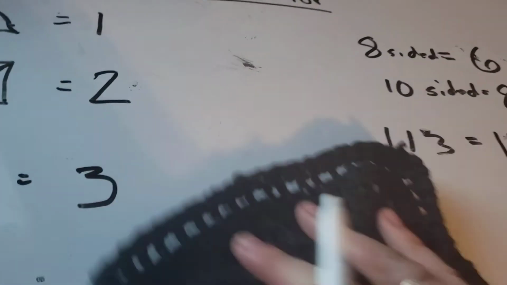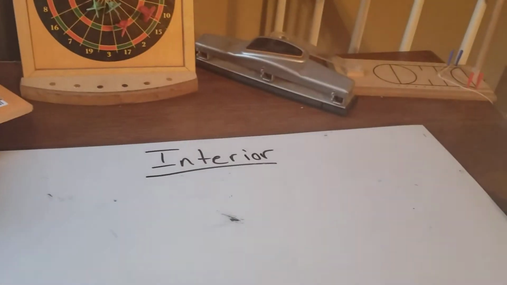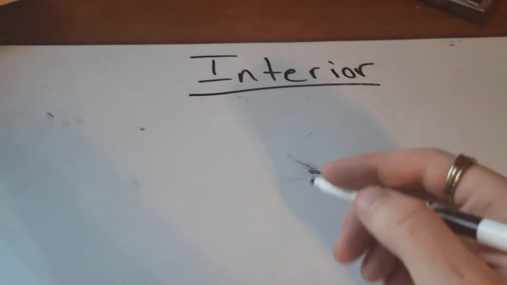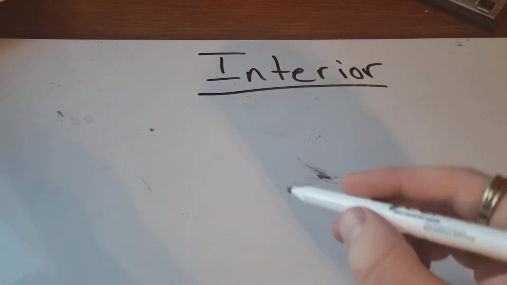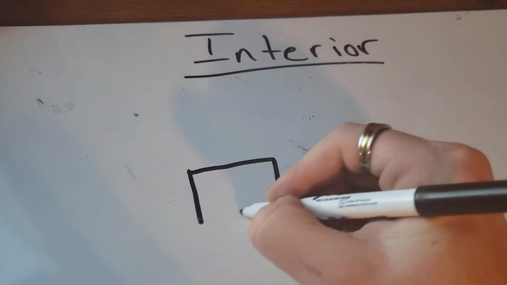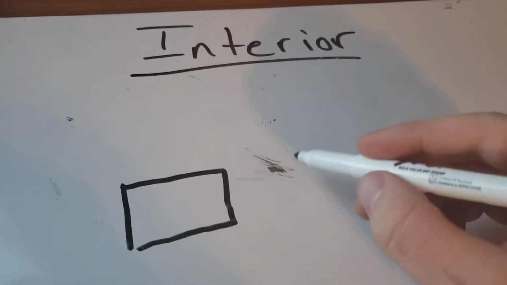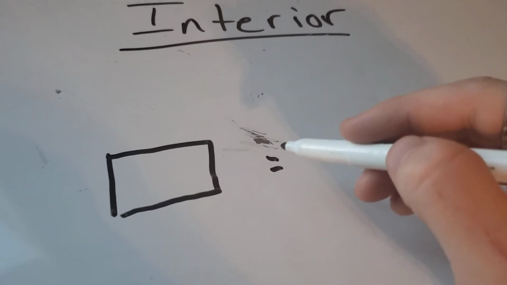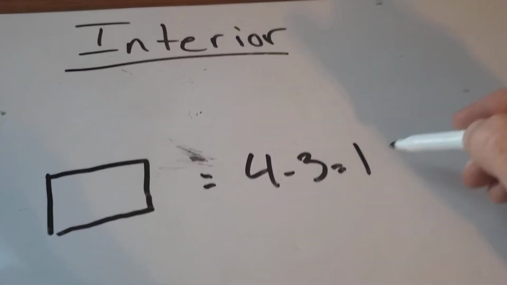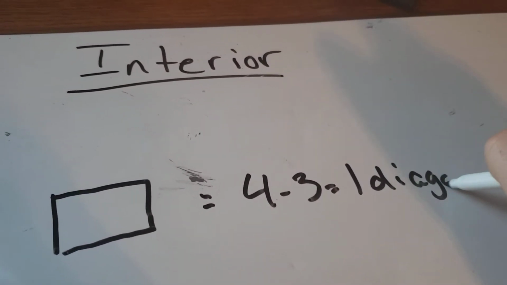All right. So using that information, we can find the number of degrees of each interior angle in a regular shape. So let's just take a square or a quadrilateral. How many diagonals can we draw? Well, it's got 4 sides. So 4 minus 3 gives us 1 diagonal.